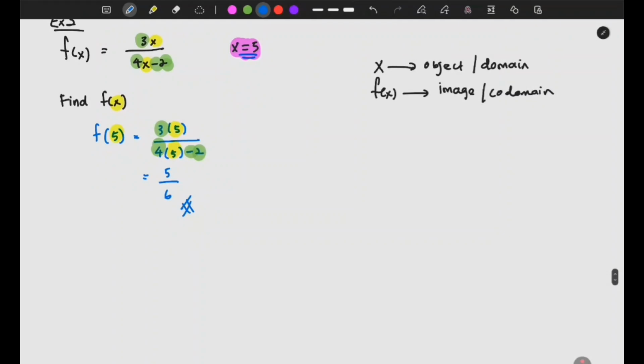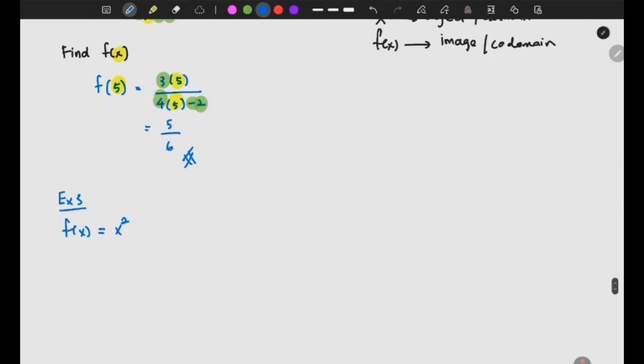Now let's try a bit different. Example 3. Let's say I have f(x) equals x squared minus 3x minus 6, and now I give x is equal to -2. Find f(x).